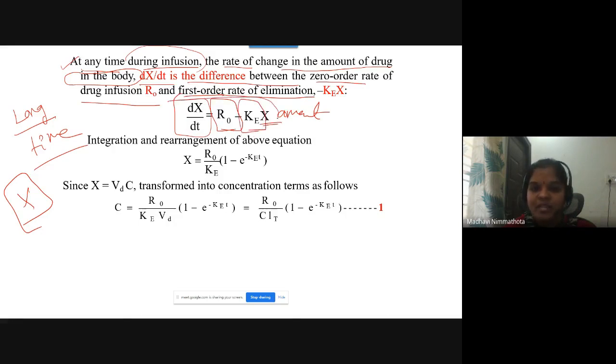This is the basic equation for IV infusion. From this equation we get these derivations. In your textbooks, they directly give the final equation, so I will derive it for you.